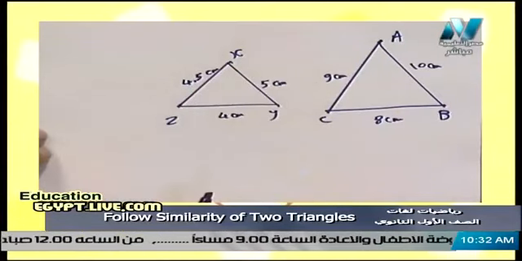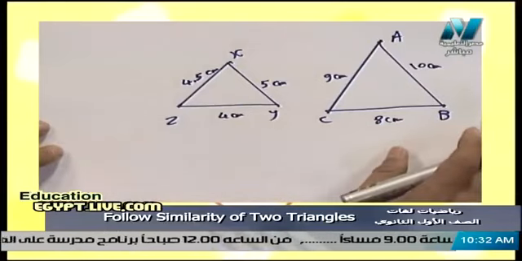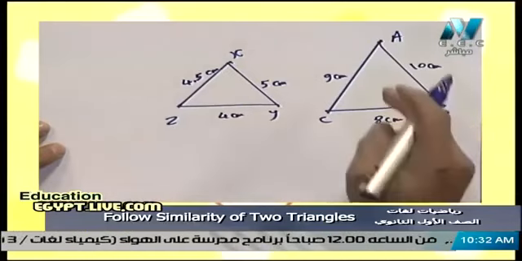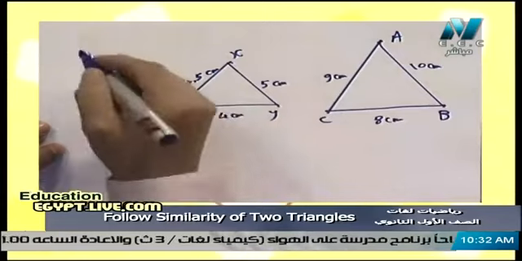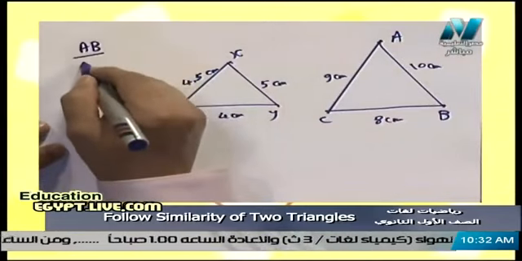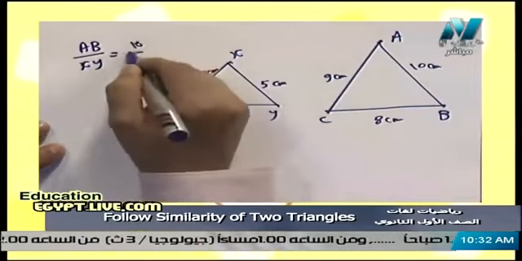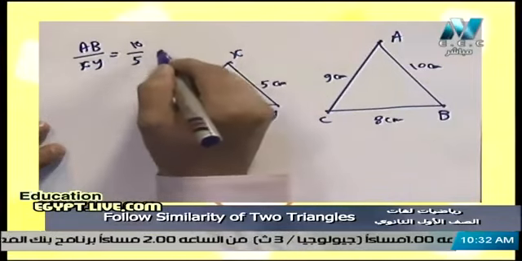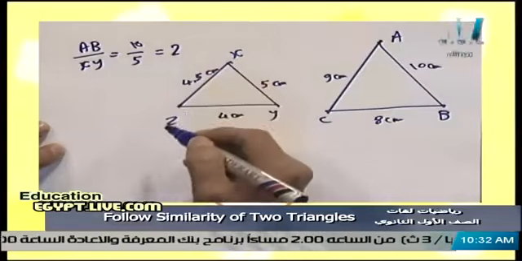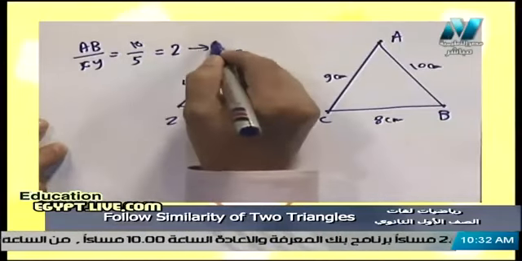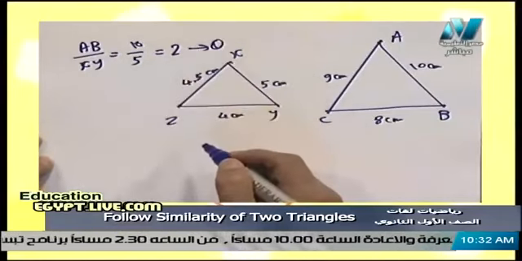So look carefully here. AB over XY will be 10 over 5, and it will be 2. Call this equation 1.